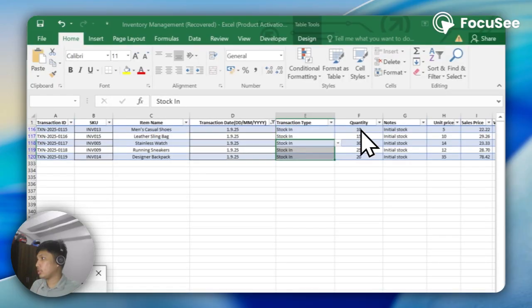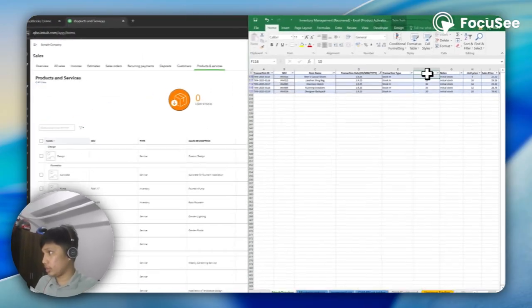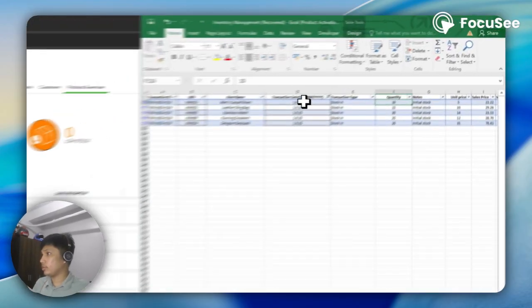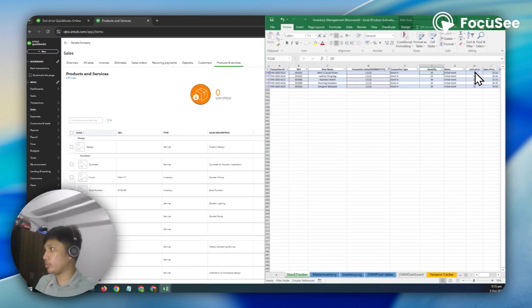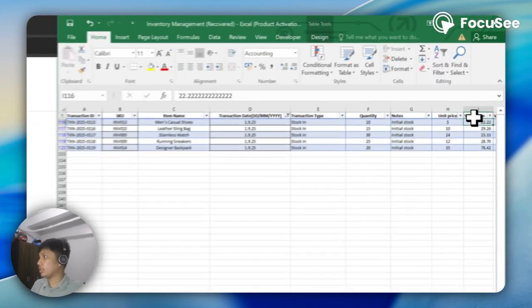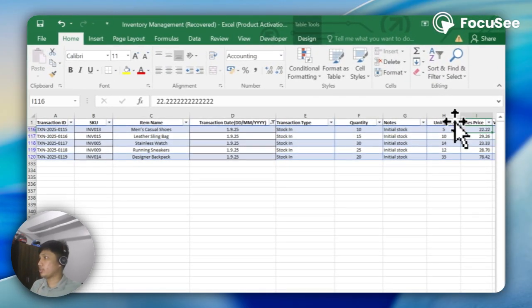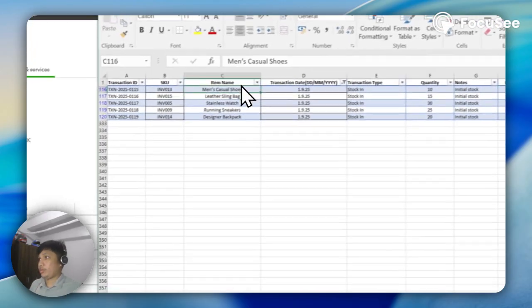Then the quantity of the inventory that we receive for September 1, the unit price or the cost of the unit, and then the sales price once we decide to sell the products or a customer wants to buy our product.